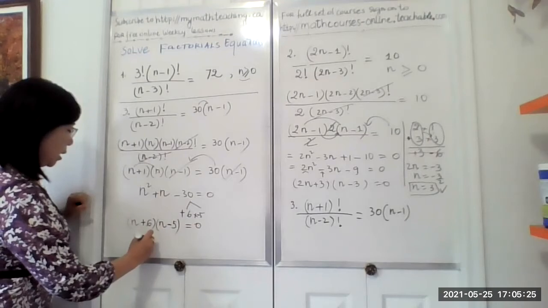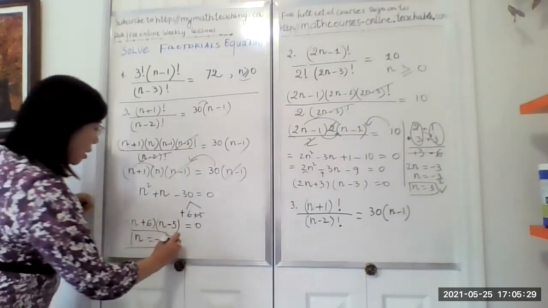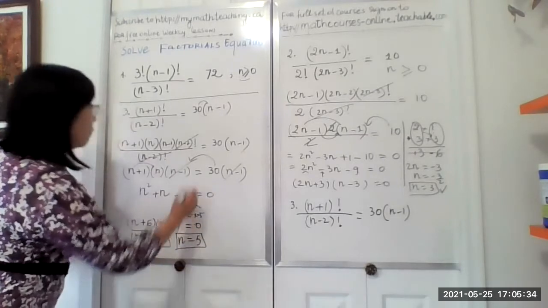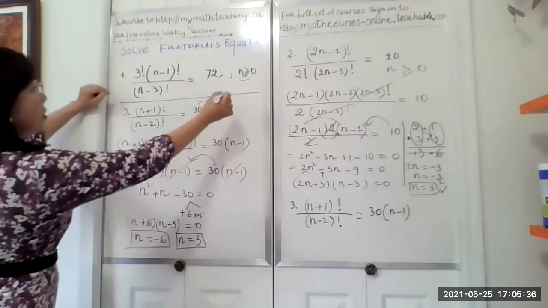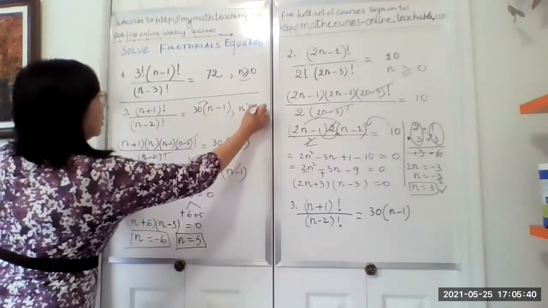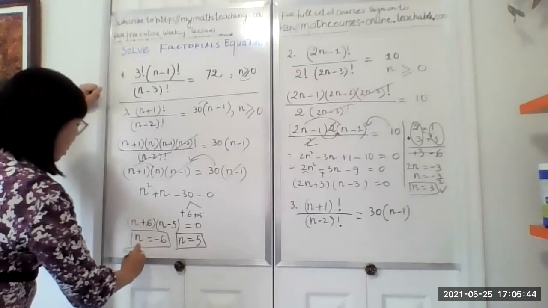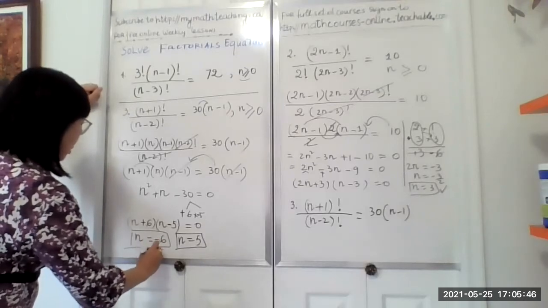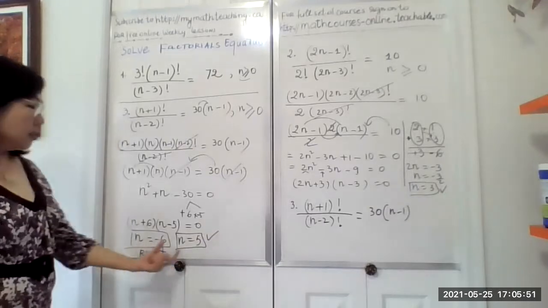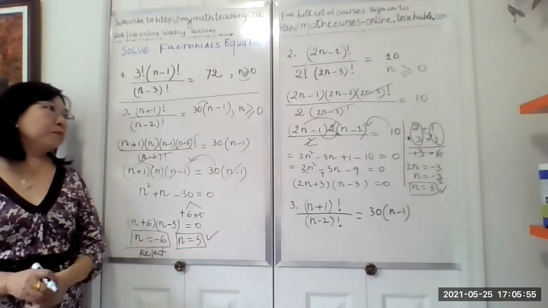We'll have n equal minus 6, and the other one will be n equal 5. However, any n factorial always has this condition: n has to be bigger than or equal to 0. Now we have n equal minus 6, so we're going to reject that root, and we're going to pick this one. That is our answer, n equal 5.